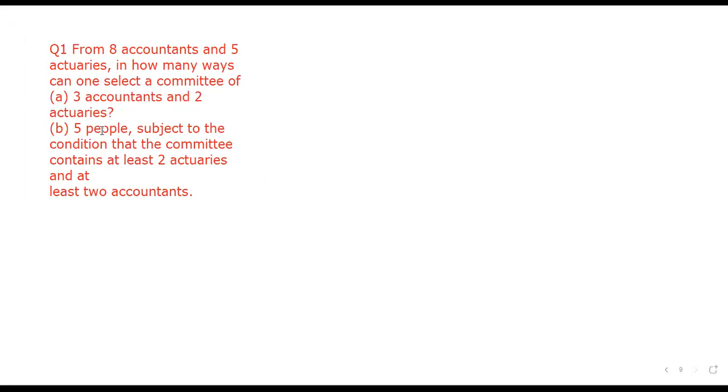How many ways can we select 5 people subject to the condition that each committee will have at least 2 of each, 2 actuaries and 2 accountants? So what data are we given to start with? The numbers. For accountants, how many do we have? We have 8. Actuaries, we have how many? 5.